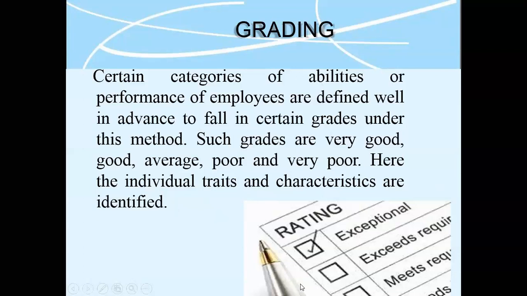As per the name, the employees are getting certain grading from their seniors, immediate bosses, supervisors or managers, and those grades play a very vital role in their performance appraisal.